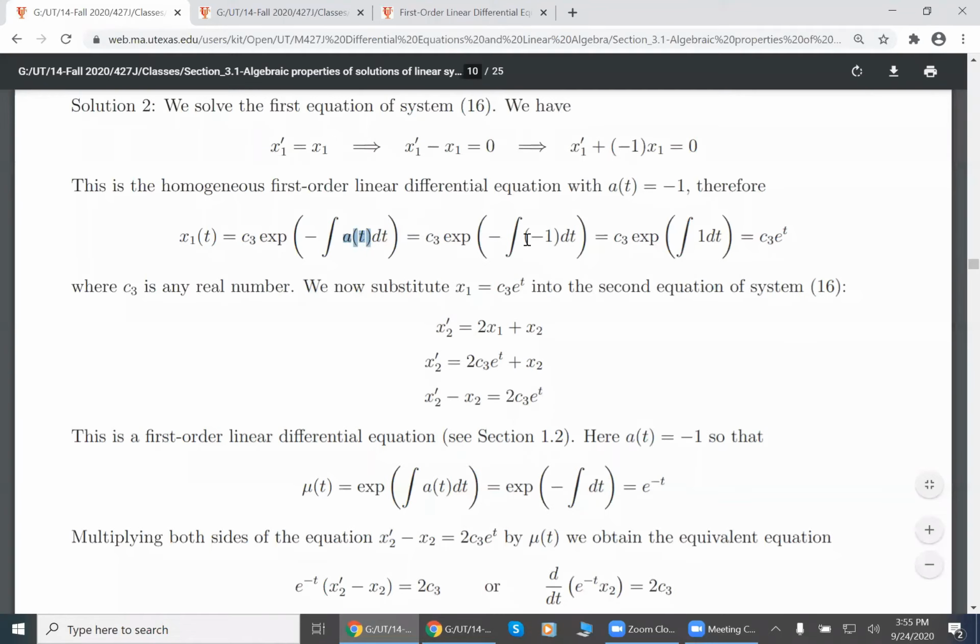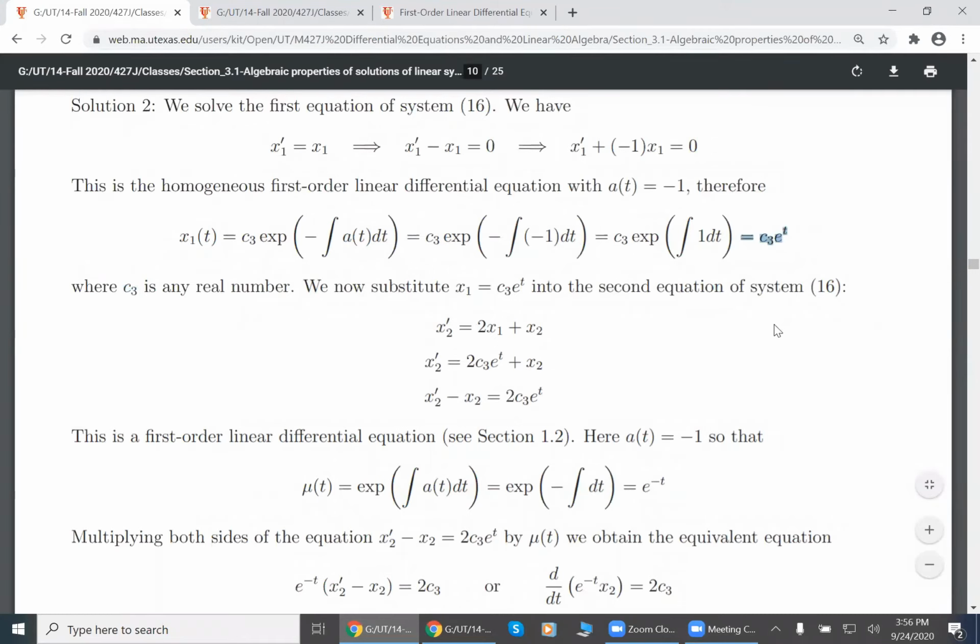Replace a of t by -1. Negative times negative is positive. Antiderivative of 1 is t. So x1 of t is c3 e to t. Here, c3 is any real number. So here's a formula for x1.